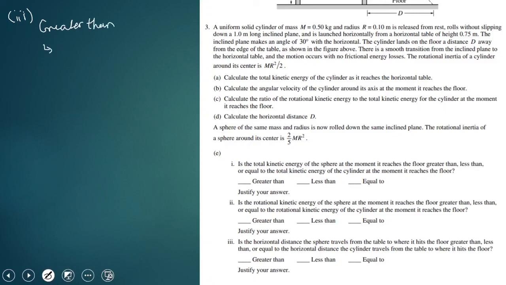We've already established that there's going to be an increase in the linear speed v. And so because of that, there's going to be up initial velocity, and thus up distance traveled horizontally.